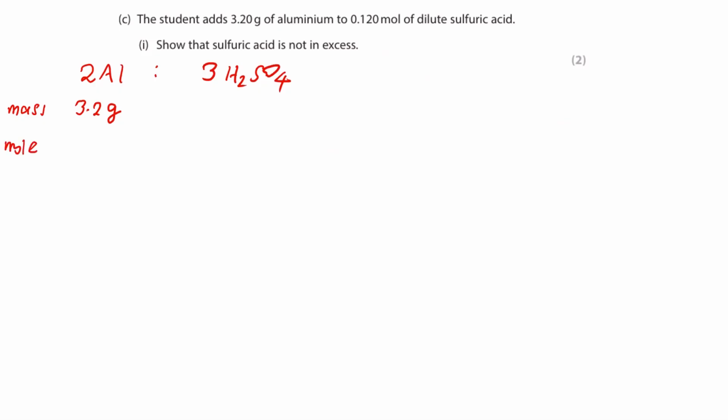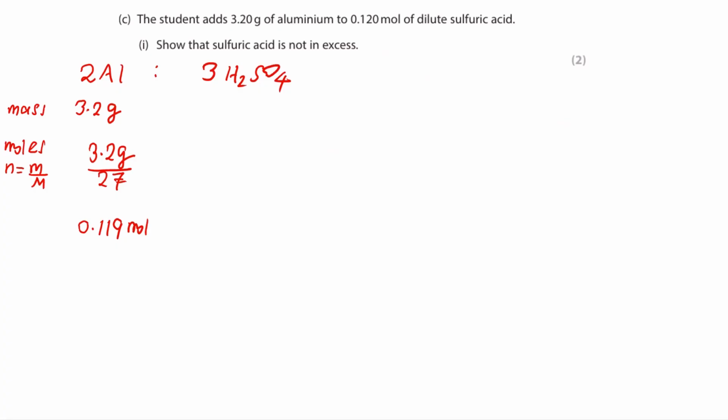Number of moles equals mass divided by molar mass. 3.2 grams is the mass. The molar mass of aluminium, if we check the periodic table, is 27. When I divide this, I get 0.119 moles.